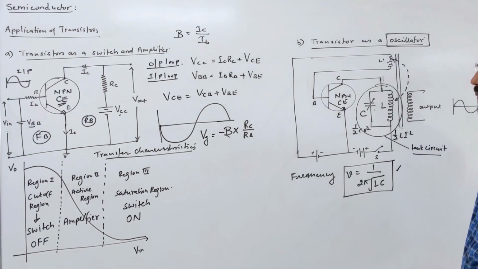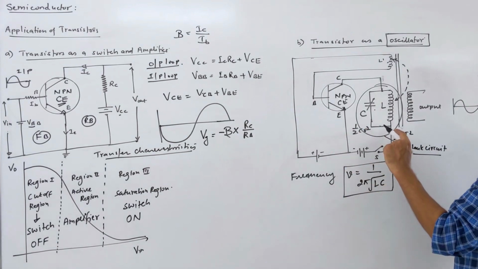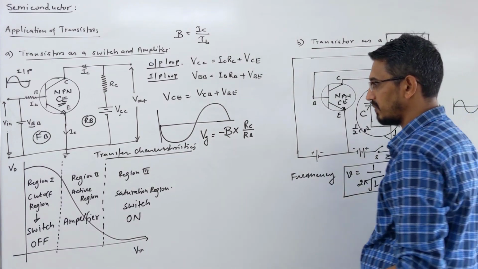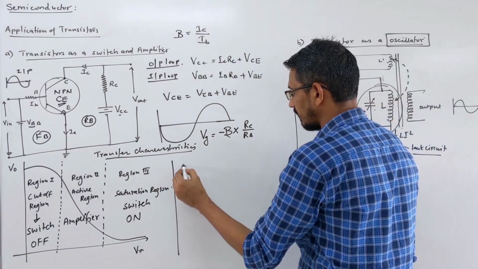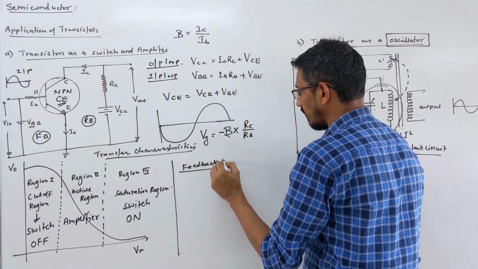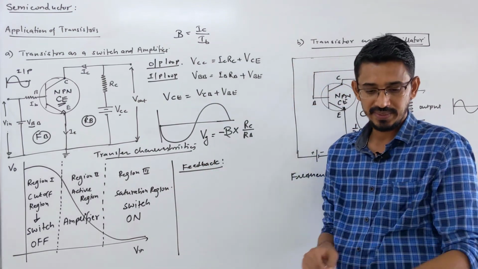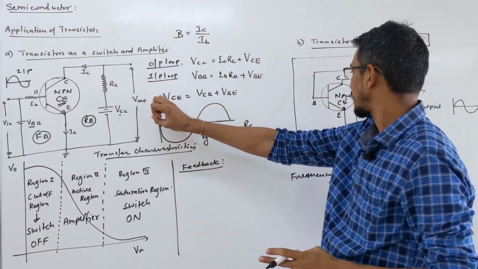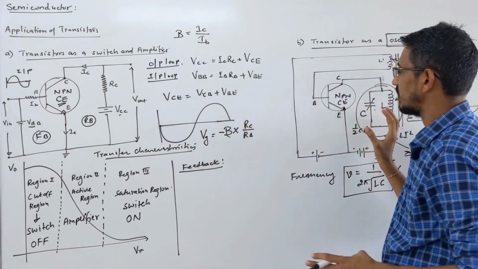Apart from the applications, I said a word, feedback. So let's discuss a little about feedback. What is feedback actually? Some machine is working, a transistor or anything, as an amplifier or an oscillator, doesn't matter.